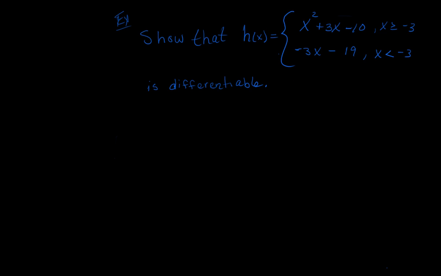So where, if any place, do we have to be concerned? Well, where we really need to be concerned is at the value of x where the two pieces are coming together, which is right here at negative 3. At negative 3, we aren't sure how the two pieces of the piecewise function are coming together, and we need to show that it's differentiable there.